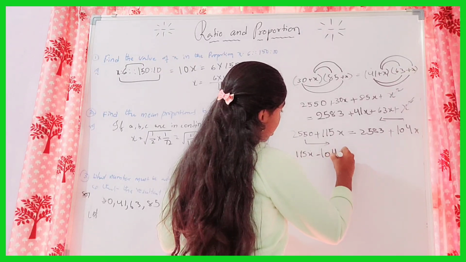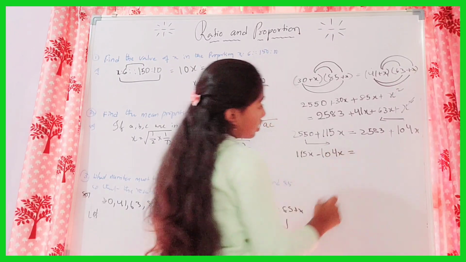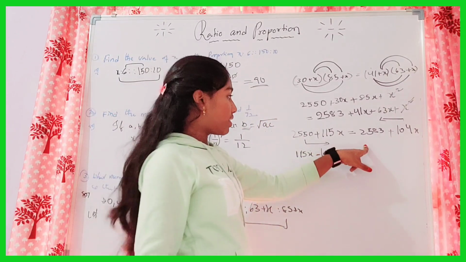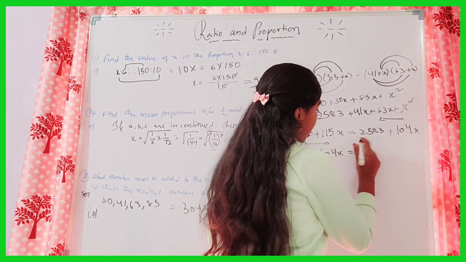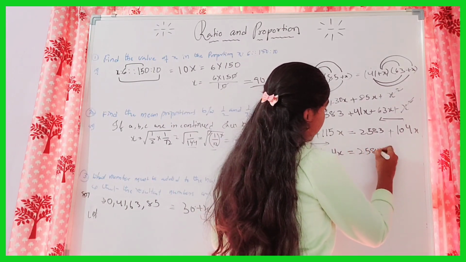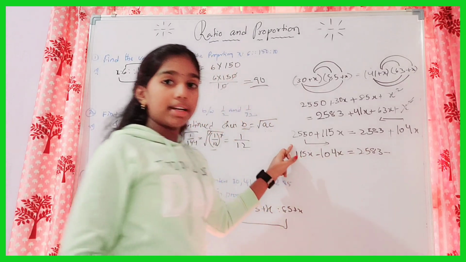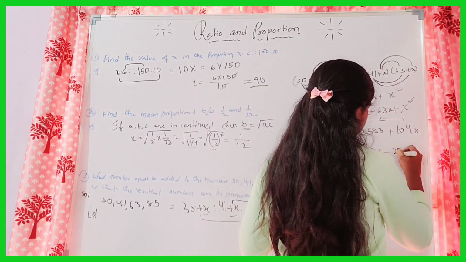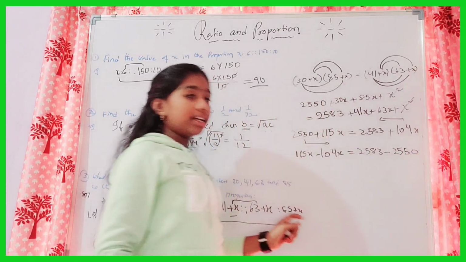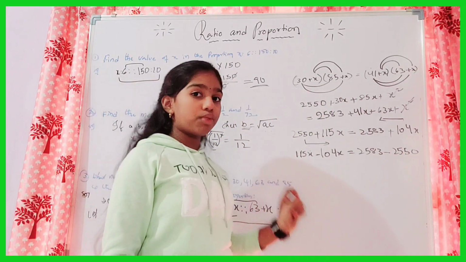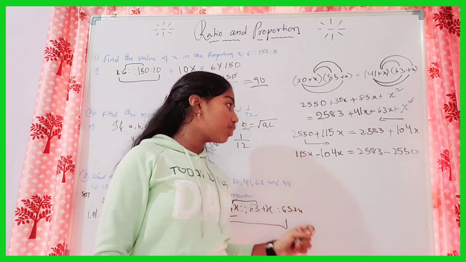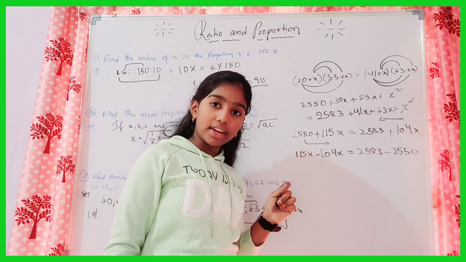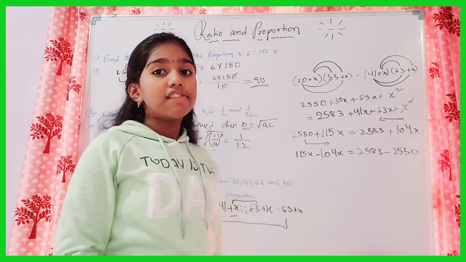115x minus 104x is equal to 2583 minus 2550.